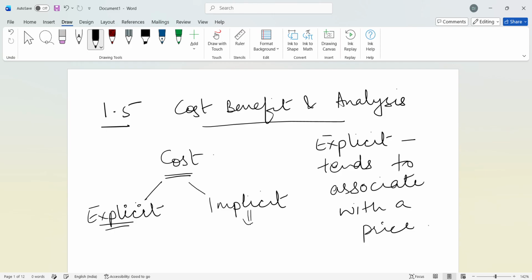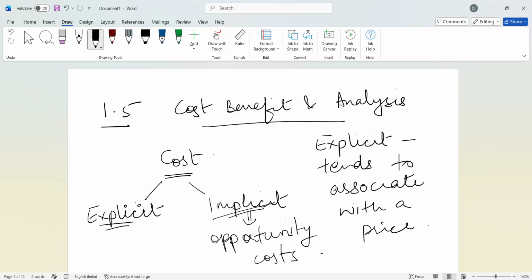Implicit cost is nothing but what we had done in your PPC curve, production possibility curve, is another word for your opportunity costs. All right. Implicit cost is just another word for your opportunity cost. Something that you are forgoing, something that you are sacrificing in terms of getting something else.